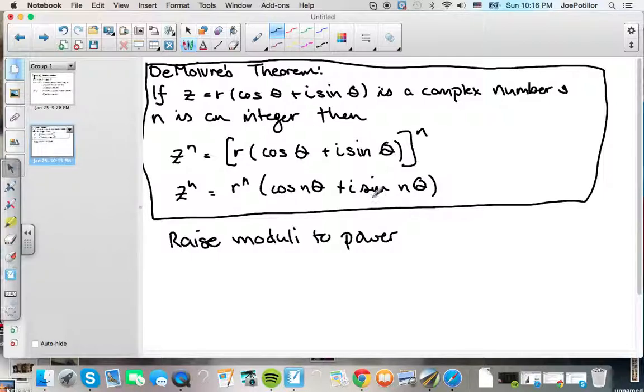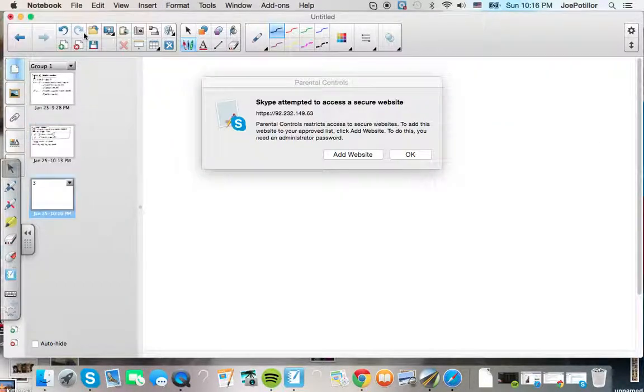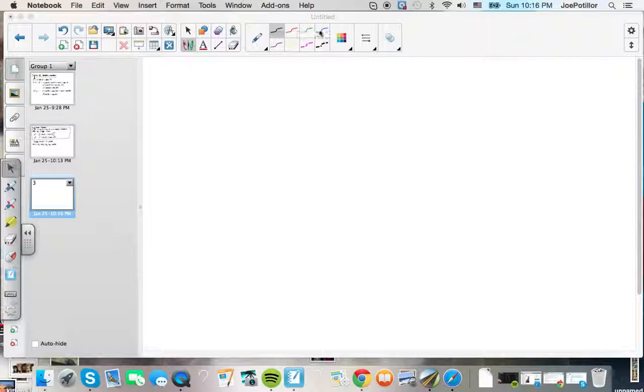After you do that, then you multiply the angle by the power. Easy enough. So now, let's do an example of that simply. Let's do an example of this one.